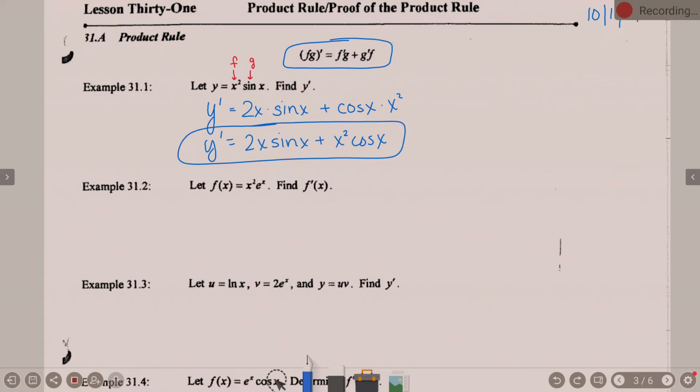Depending on the situation, if there's a GCF they'll factor out the GCF. There is a GCF of x here, but it doesn't really simplify it any, so we would just leave it as is. Or at least that's what I'm doing right here. Questions? Derivative of the first, keep the second. Plus, derivative of the second, keep the first. Just alternate.